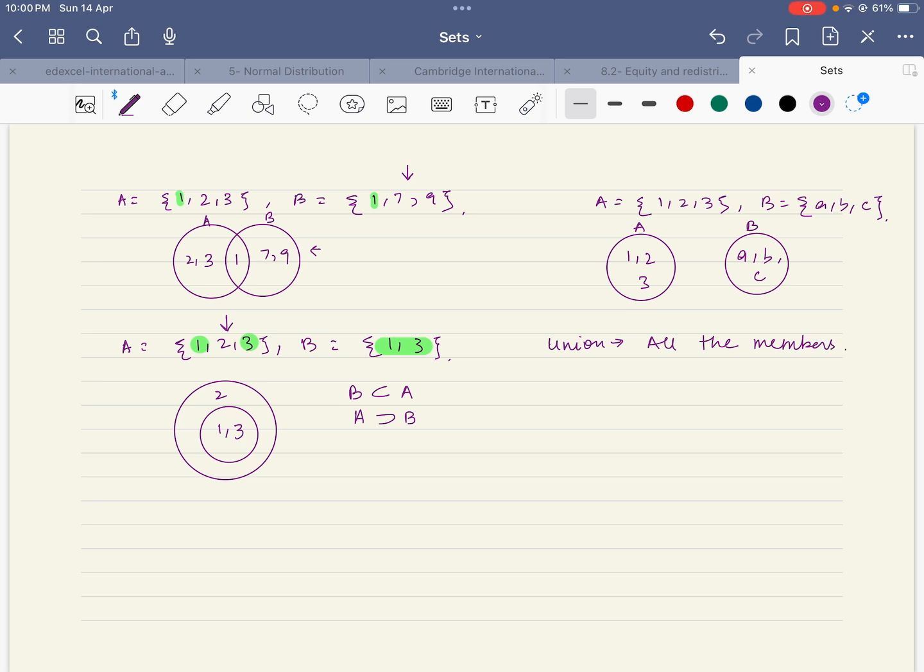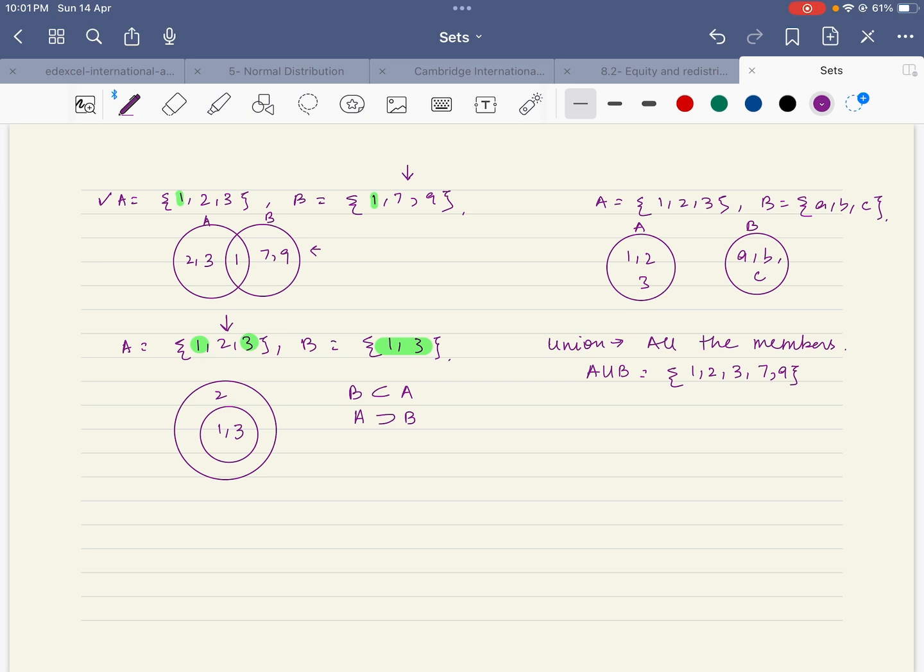For example, let's take this question here. A is equals to 1, 2, 3 and B is equals to 1, 7, 9. So A union B is equals to 1, 2, 3, 7, 9. We don't repeat the common members and we don't write them twice. We write them only once.